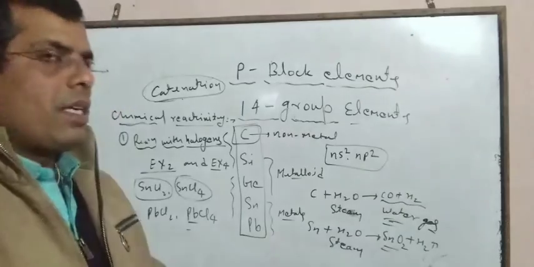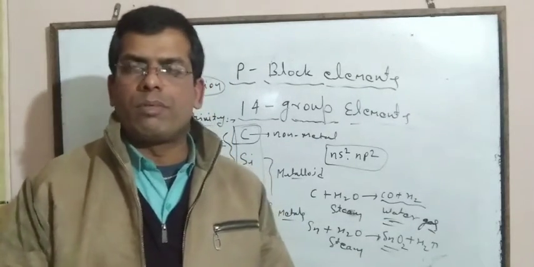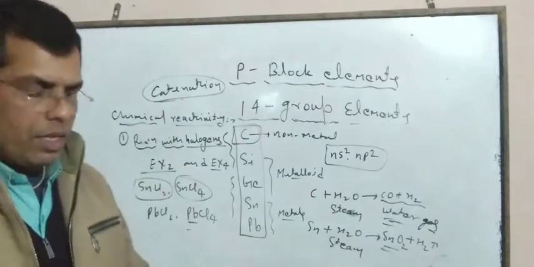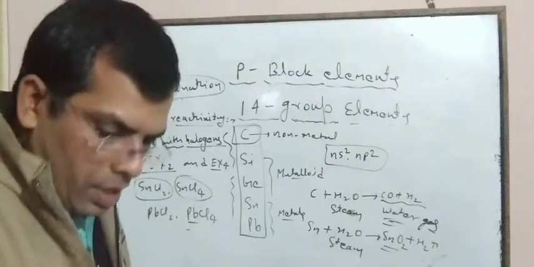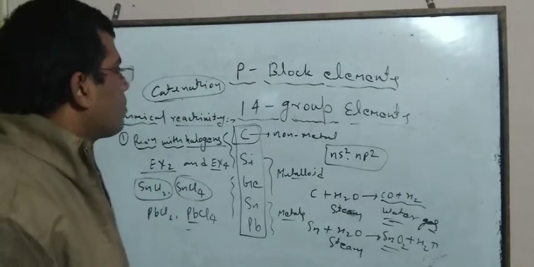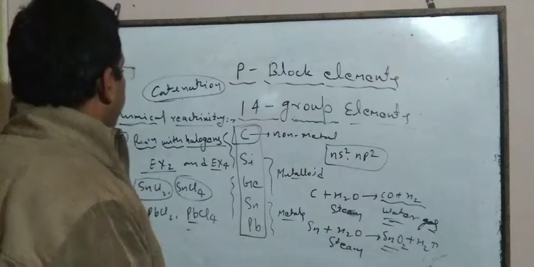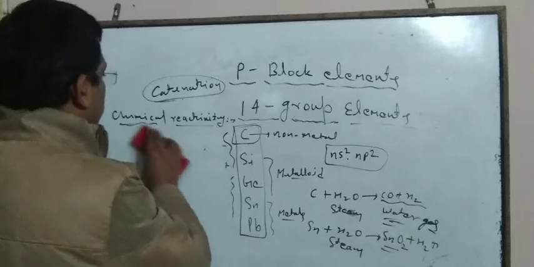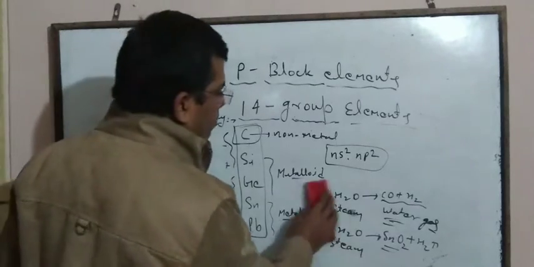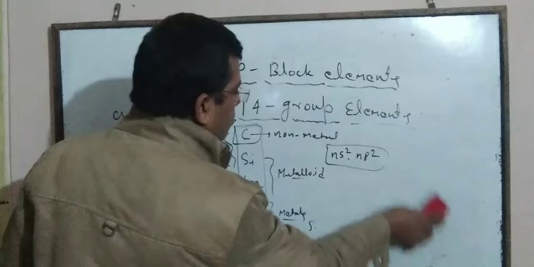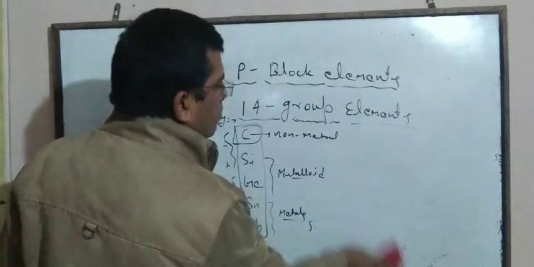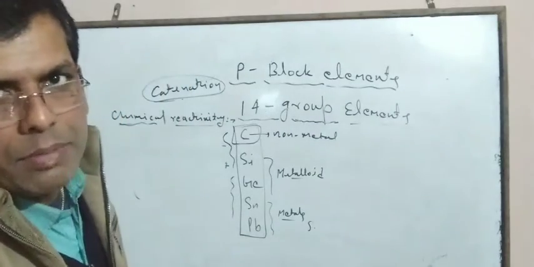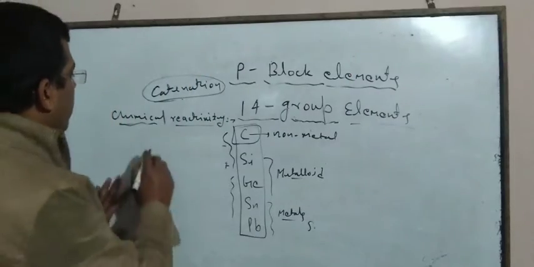As we already know, carbon has three types of allotropes: diamond, graphite, and Buckminster Fullerene.